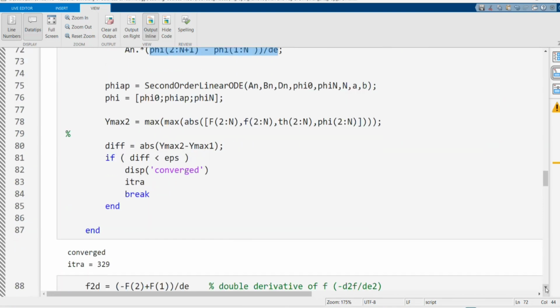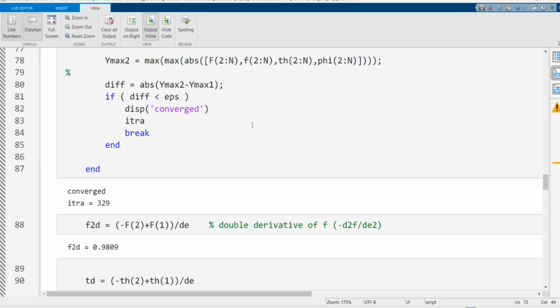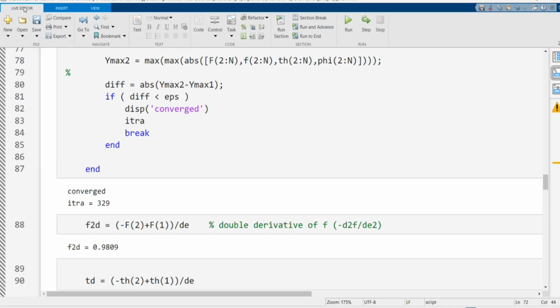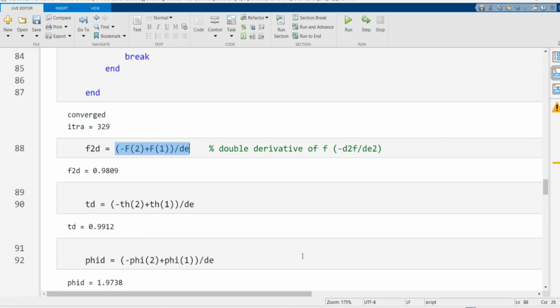Now that we got the solution, that's it. I just run the code. You will see the F2D, which is the skin friction coefficient over here. This is theta dash. This is phi dash 0. Okay, you got the solution.